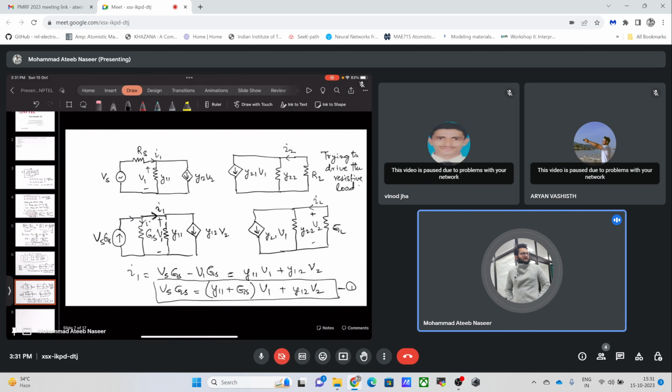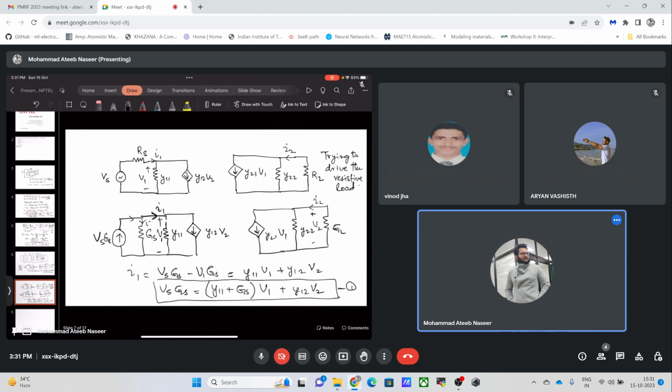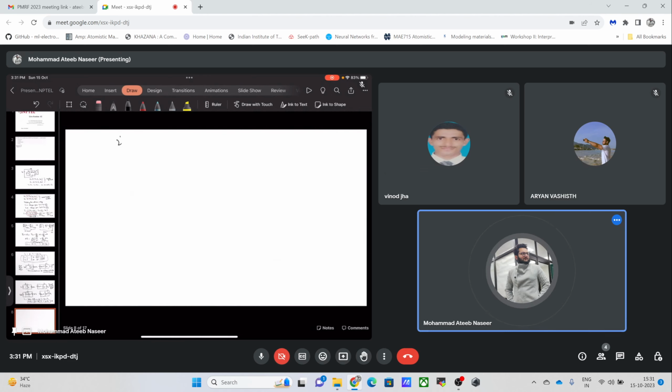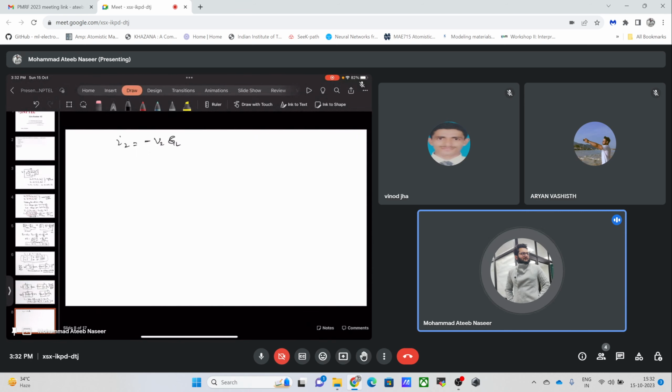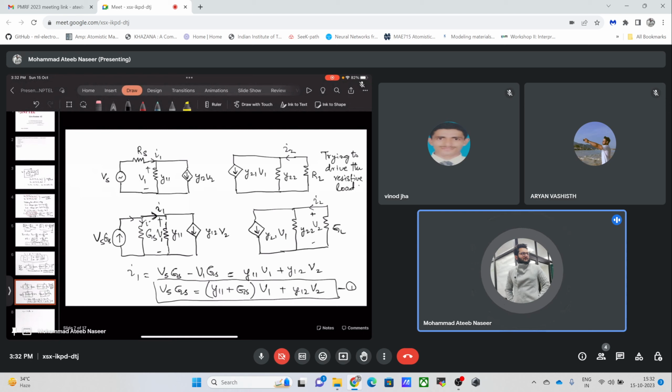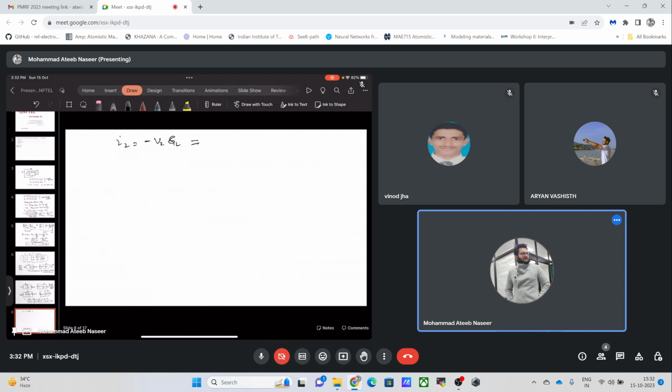So this I2 is simply equal to minus V2 times GL. Absolutely, yes, it is minus V2 times GL, and it should have the dependence of Y21 into V1 and Y22 into V2. So it should be Y21 into V1 plus Y22 into V2.